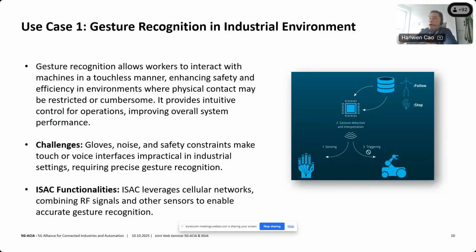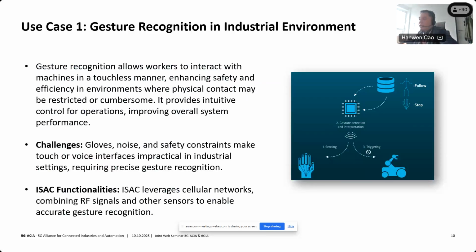So based on the contributions of our members in 5G-ACIA, we have 5 use cases. The first one is gesture recognition for the industrial environment. We think that ISAC can provide unique benefits in industries. For example, in industrial environments, human workers may be subject to conditions like wearing protective gloves and helmets, and there could be high noise.